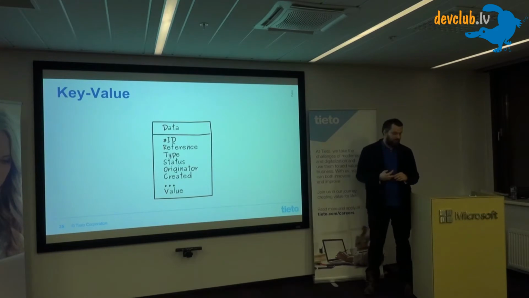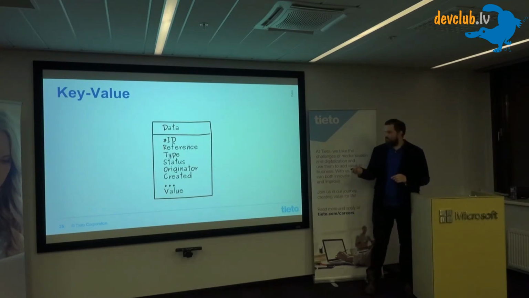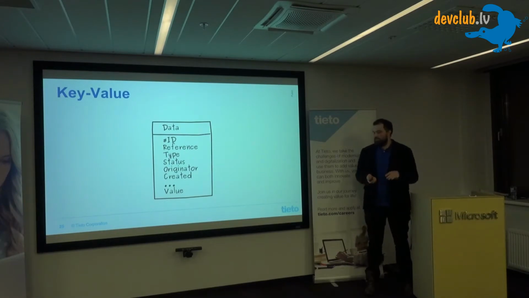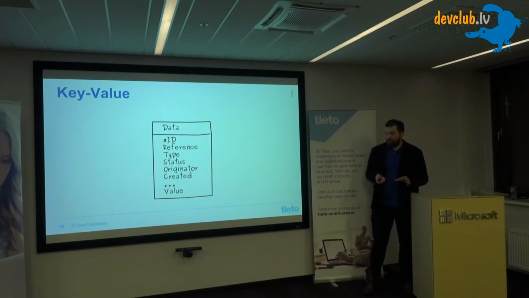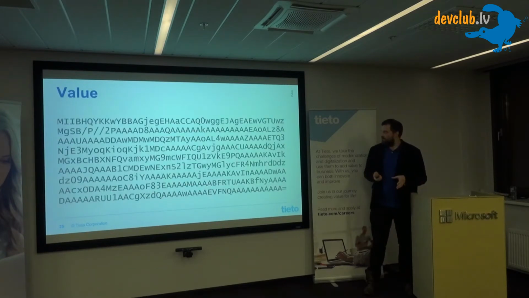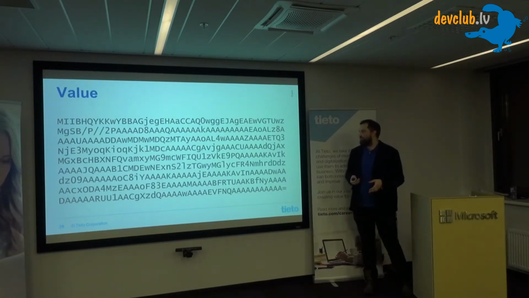So we make this structure a bit more complex with more fields. Now, for this value, we have tried different formats. We tried to serialize in some funky ASCII notations and so on. We have tried XML as well. And now the most common format is something like this.